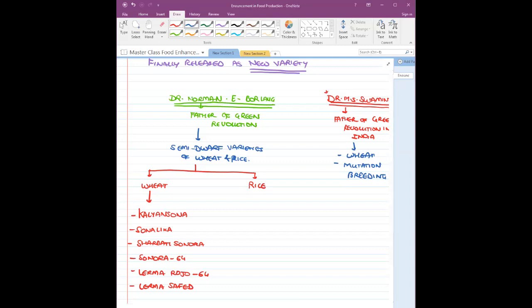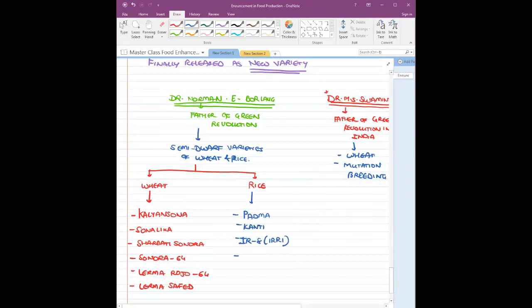And the next one is the rice varieties. Now, what were the rice varieties? First we have Padma, Padma Kanti. Then we have IR8. Just remember that IR8 comes from the International Rice Research Institute.